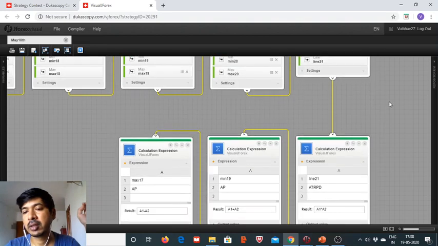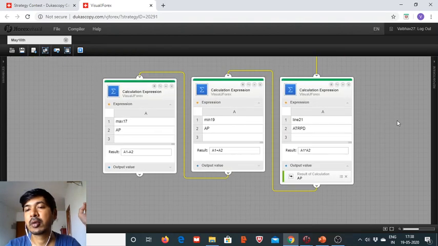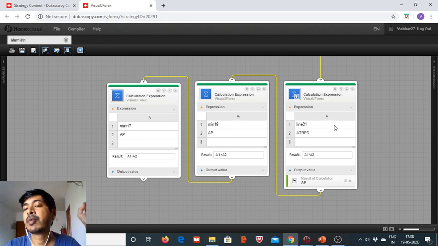We had done this calculation of the 15% of the ATR, and we will use that for the stop loss level, 15% of the ATR.